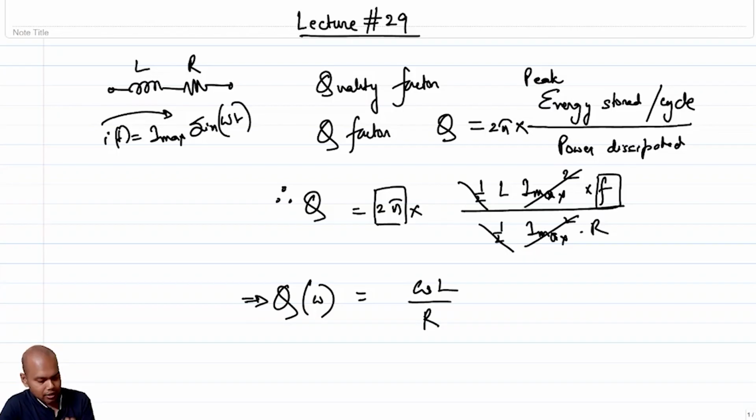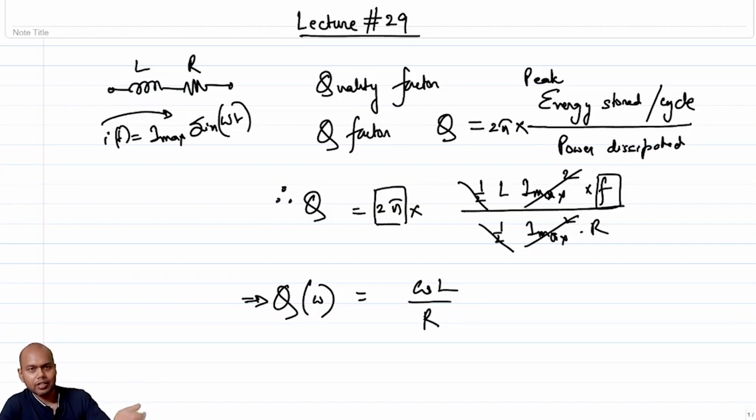Okay. The other thing that this is telling us is that the Q factor of the inductor becomes better as we increase frequency, right? Why? Because the impedance offered by the inductor is increasing with respect to the loss that we are having. Now you might want to stop me here and say that this R that I have put here is also not frequency independent, right?